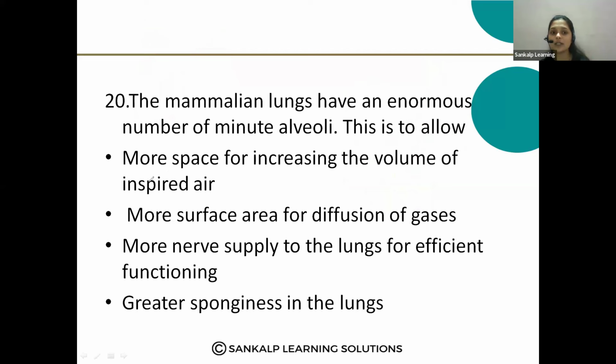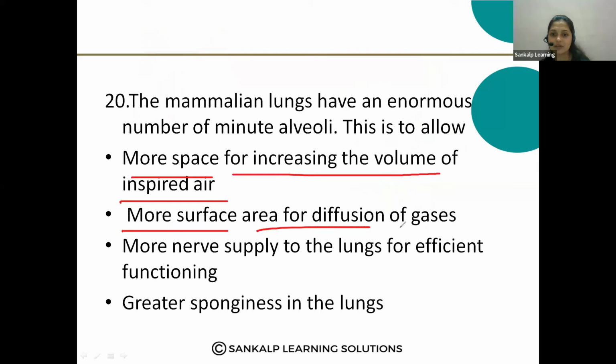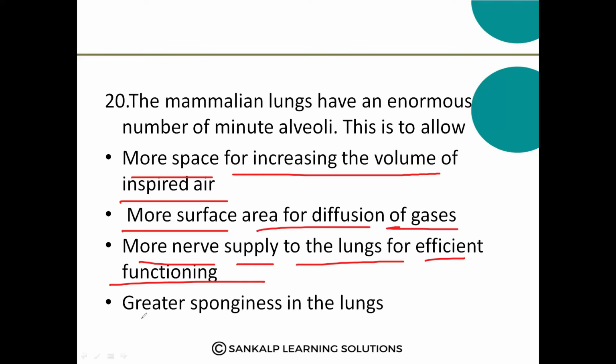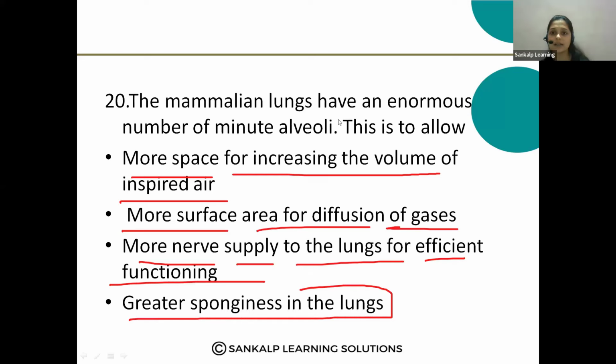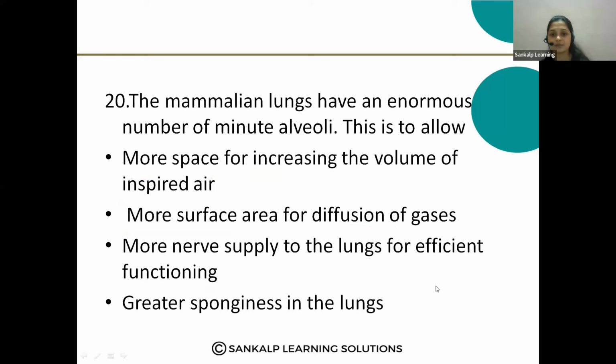So here: more space for increasing the volume of inspired air, more surface area for the diffusion of gases, more nerve supply to the lungs, greater sponginess in the lungs. What is the correct answer here? Read the question properly and choose the correct answer.